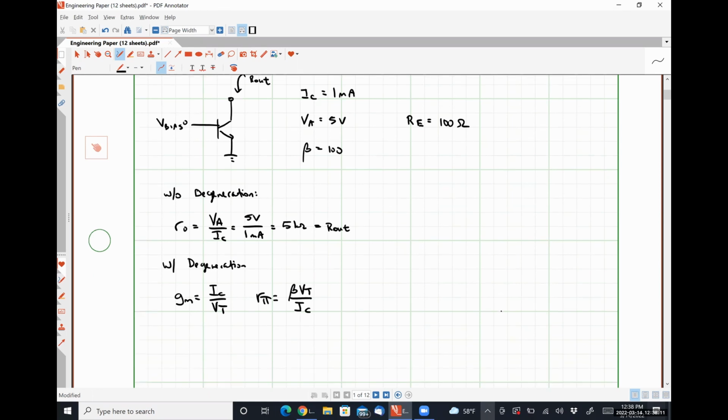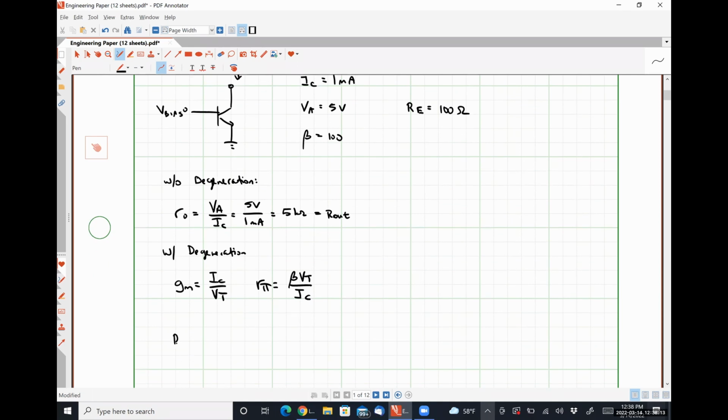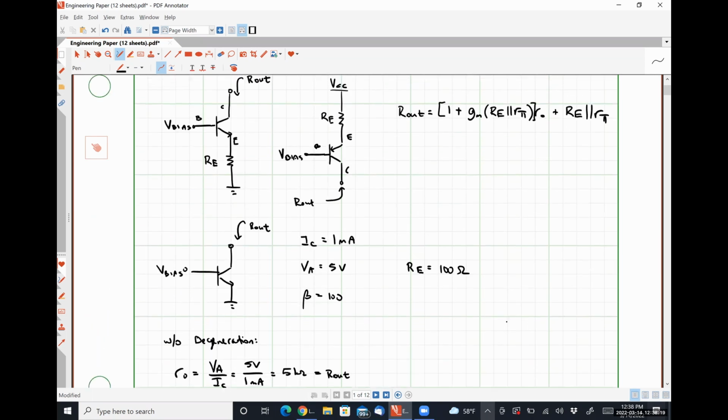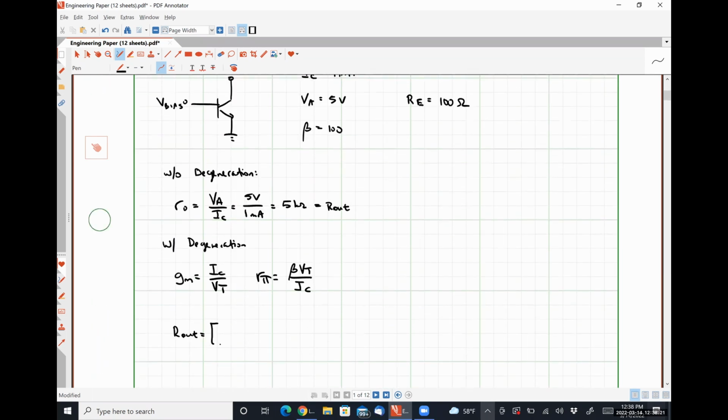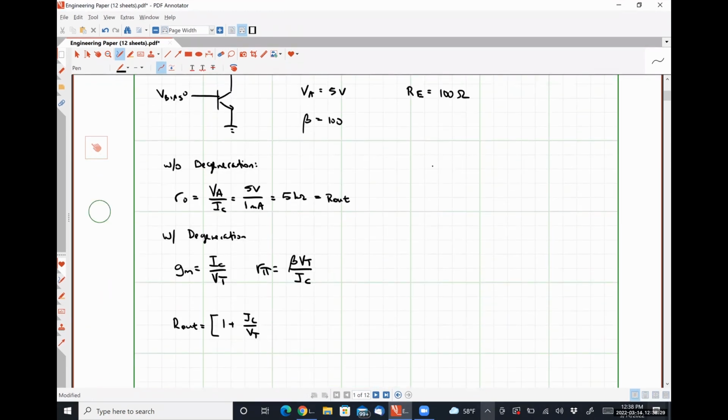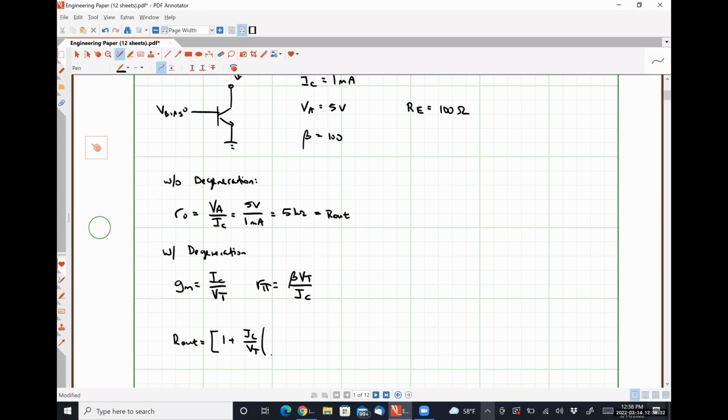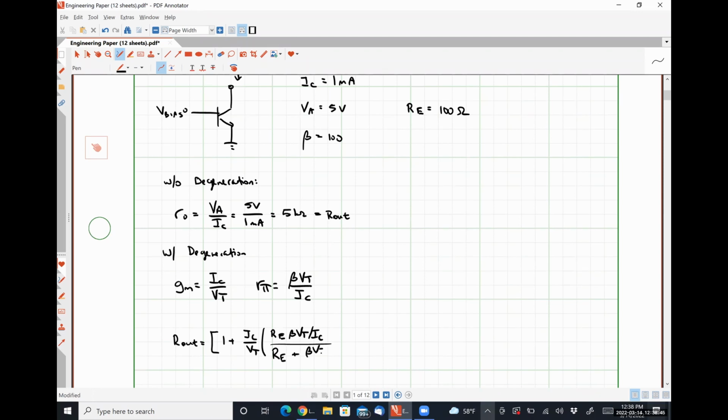So from this, we get an output resistance of, so let's see, 1 plus IC over VT multiplied by RE beta VT over IC over RE plus beta VT over IC.